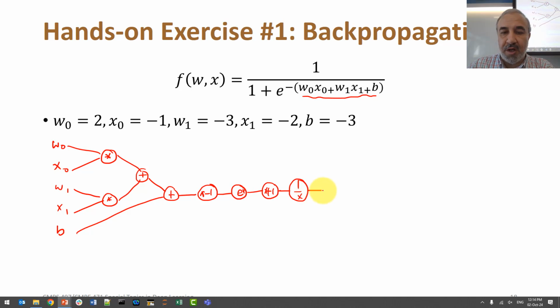Now what's this output? F. Are we done with the computational graph, right? Then what should we do next? The forward pass, right? So we'll put all the values here: 2, -1, -3, -2, -3.